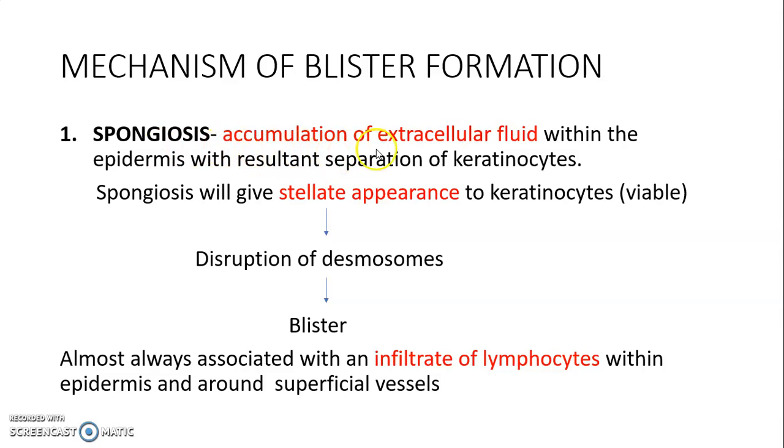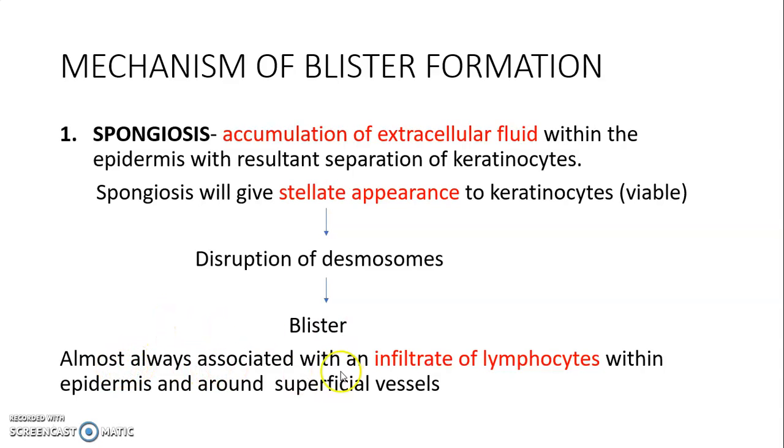Spongiosis is accumulation of extracellular fluid within the epidermis with resultant separation of the keratinocytes. So, due to accumulation of extracellular fluid, spongiosis will give a stellate appearance to the keratinocytes, and these keratinocytes are viable. These stellate keratinocytes will lead to disruption of the desmosomes, leading to blister formation.